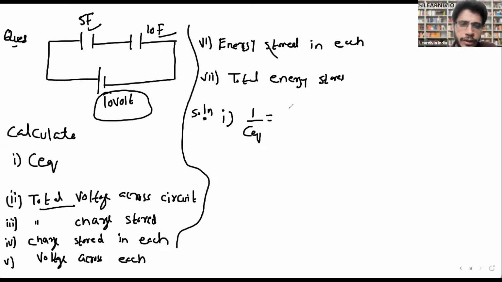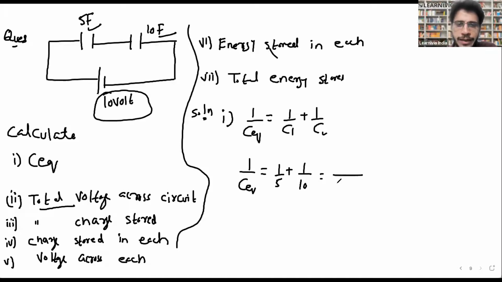1 by C equivalent is 1 by C1 plus 1 by C2. So 1 by C equivalent is 1 by C1, which is 1 by 5, plus 1 by C2, which is 1 by 10. Now you can take 10 as LCM, so it's 2 plus 1. So your 1 by C equivalent is 3 by 10, but you don't need 1 by C equivalent, you need C equivalent.